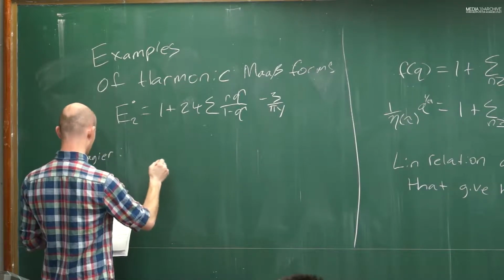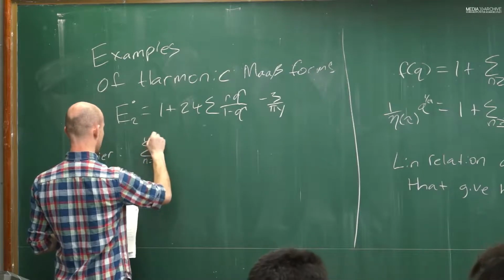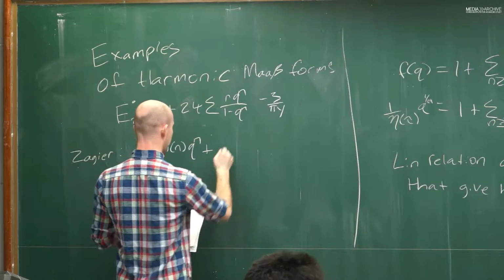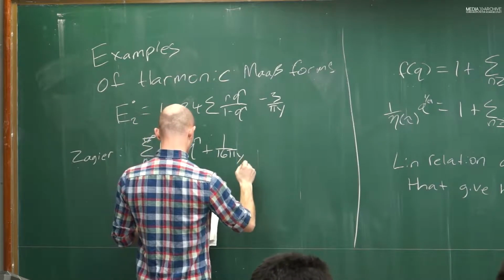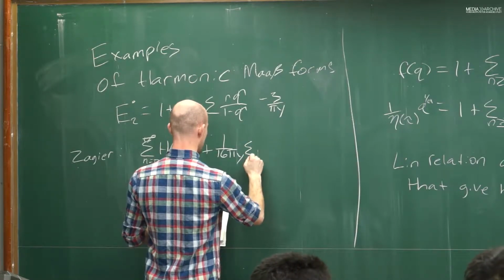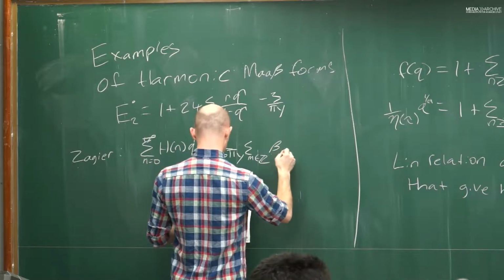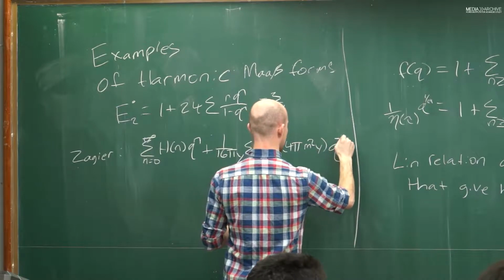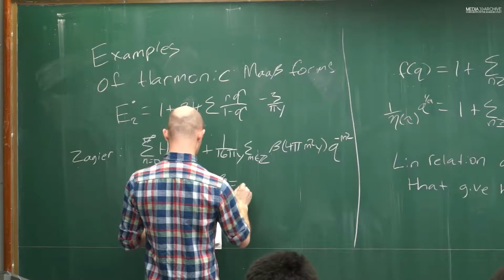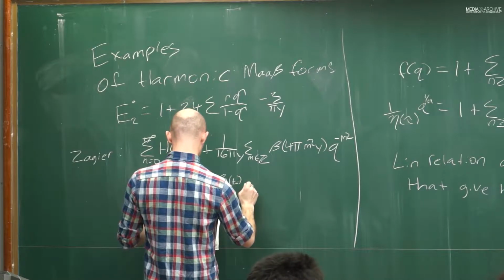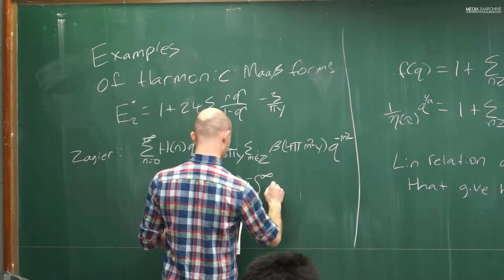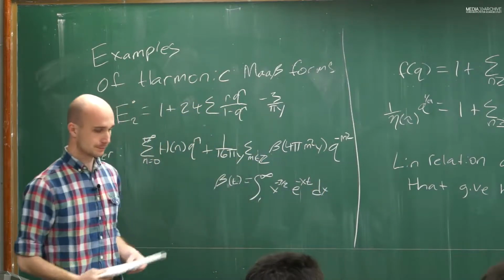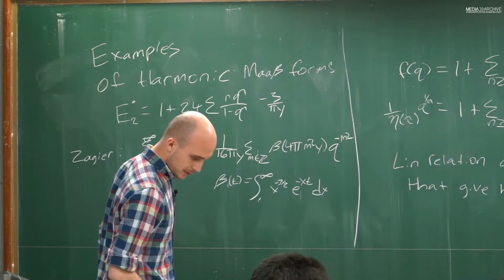This is a generating function for the Hurwitz-Kronecker class numbers: the sum for n equals 0 to infinity of H(n) q^n, plus 1 over 16 pi square root of y times the sum over integers m of beta of 4 pi m squared y times q to the minus m squared, where beta(t) is equal to this integral here. So that was in 1975.